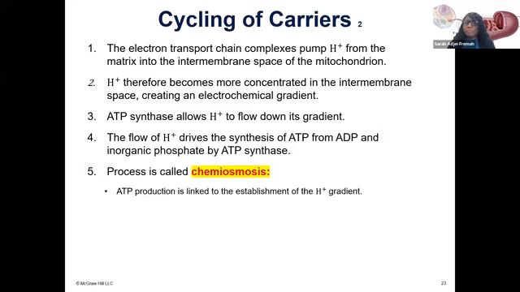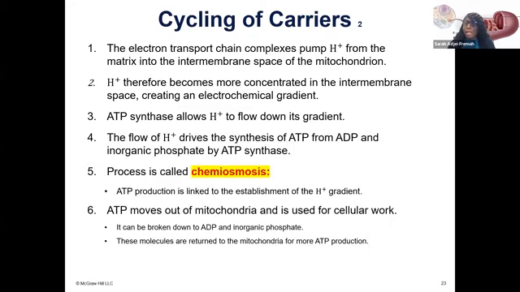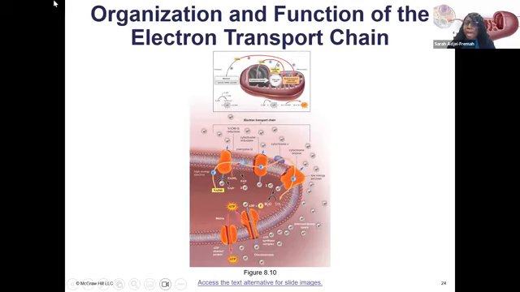So with the electron energy that has been collected by oxygen, it can pump hydrogen ions through ATP synthase, and this process is called chemiosmosis. So as chemiosmosis happens, we are able to get the major end product from the electron transport chain, which is a total of 32 ATPs.